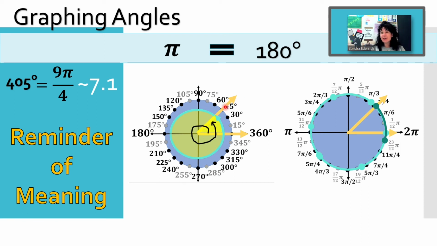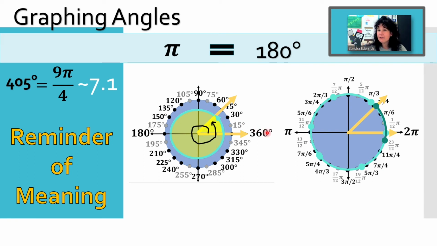The only difference between the look of graphing 45 degrees and the look of graphing 405 degrees is this spiral right here. Graphing 405 degrees, I start my spiral, I go a full circle and a little more, and that indicates 405 degrees.